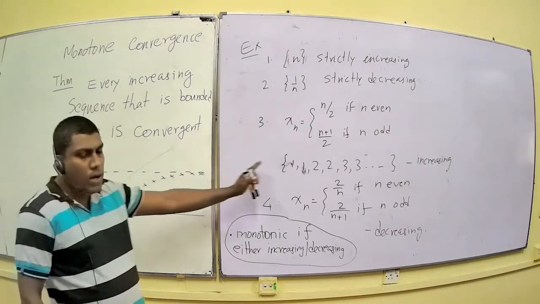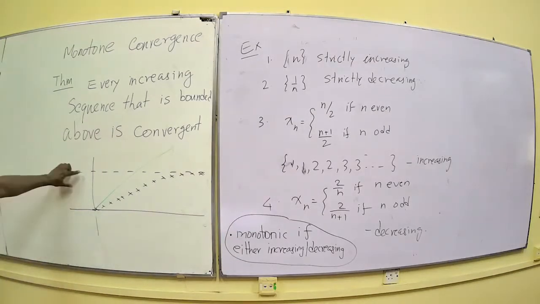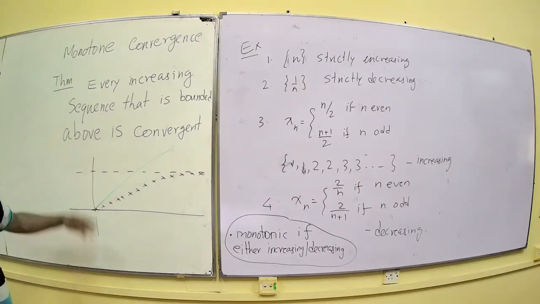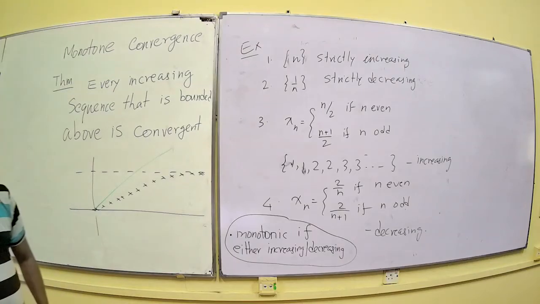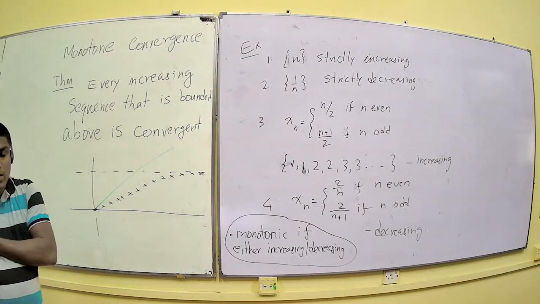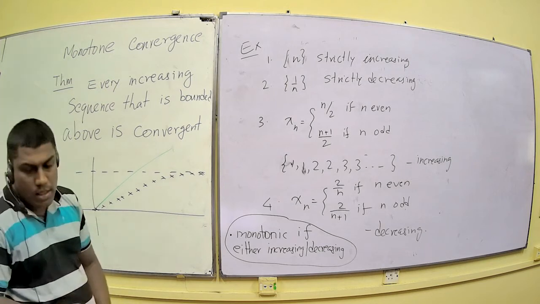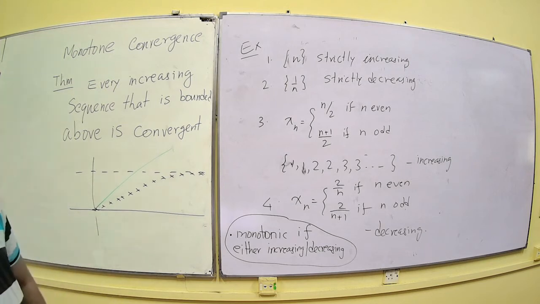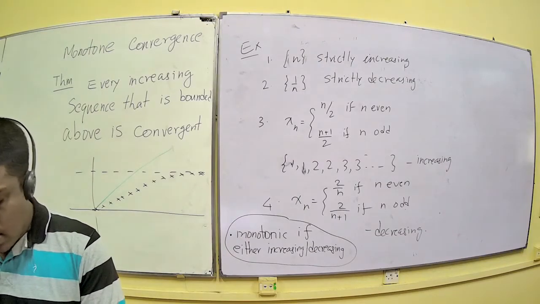After a certain point, the tail of the sequence will get very close to the upper bound, or it will go inside a little tube around the upper bound. That is what the monotone convergence theorem is about. If the sequence is increasing and bounded above, then it is convergent.